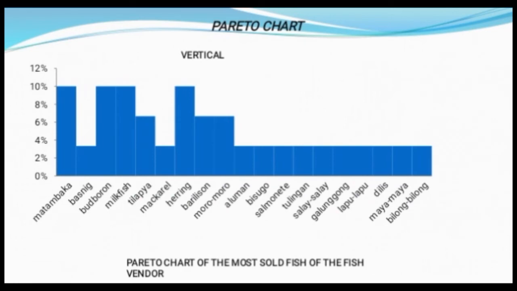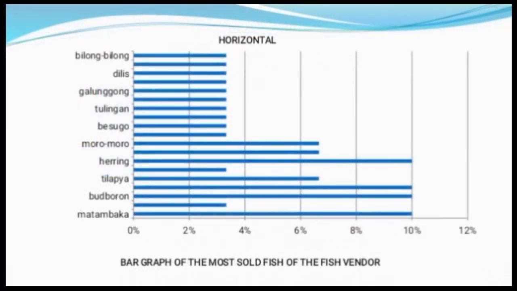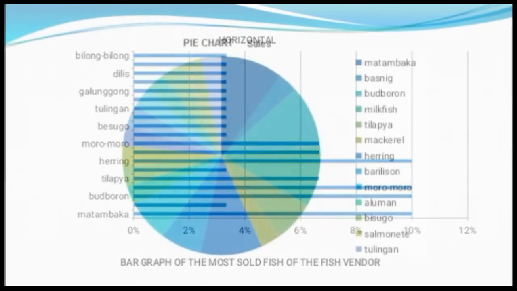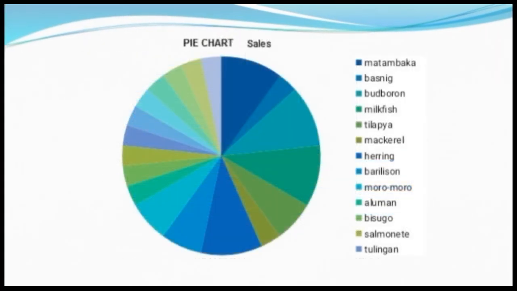In the Pareto chart, we also have two types, the vertical and horizontal. Our x-axis is based on the class and our y-axis on the percentage. After the Pareto chart, we also use the pie chart. In the pie chart, we put different colors on every class of the fish and their percentage.